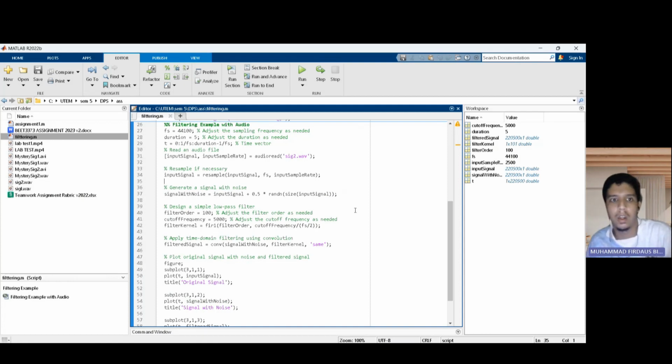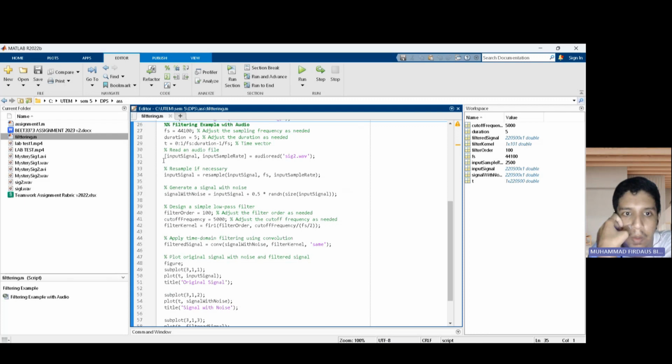If you look at the first line, Fs represents the sample frequency of the signal, while duration represents the duration of the signal in seconds. This means it will represent 5 seconds. Meanwhile, T is a time vector representing the time points in the signal.